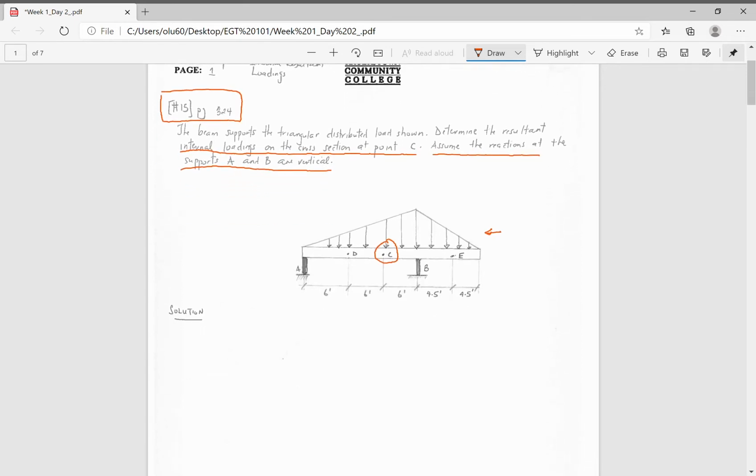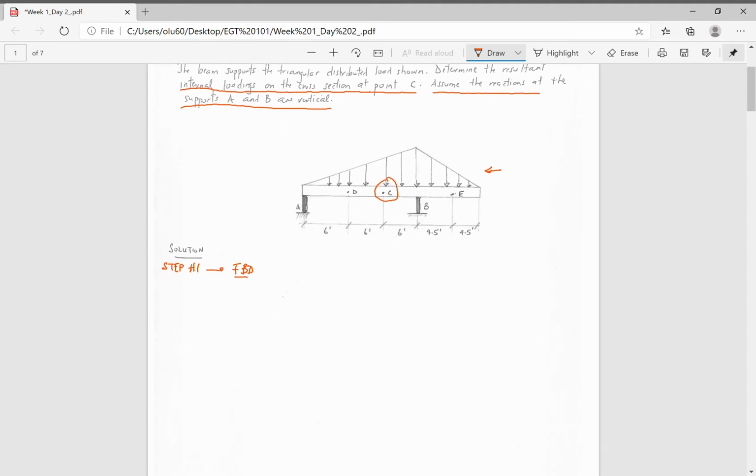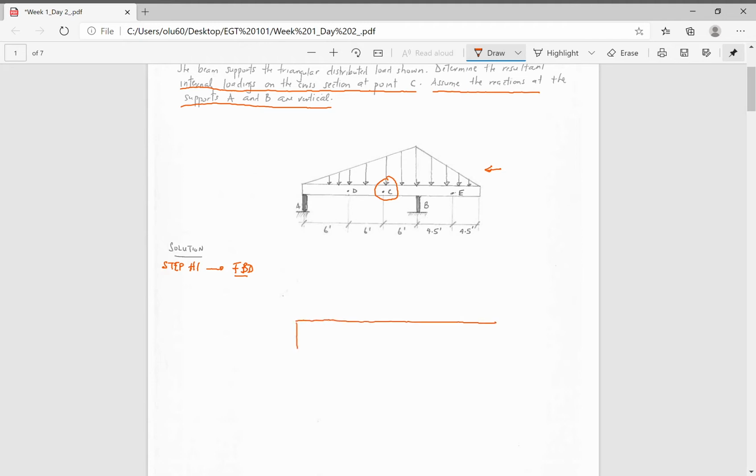So for our solution, step number 1, you always know to draw a free body diagram. And in doing so, we've been told that A and B are vertical support reactions, right? So we can just draw a beam. AY, say here BY.